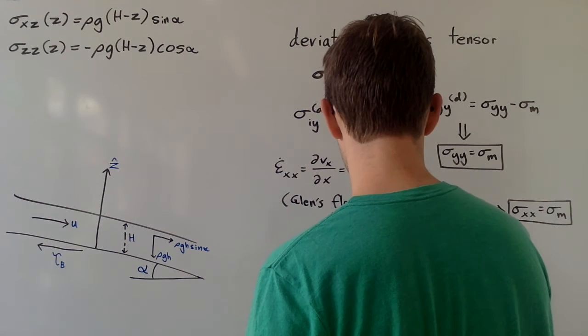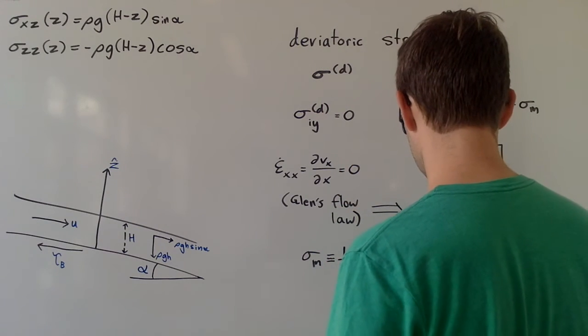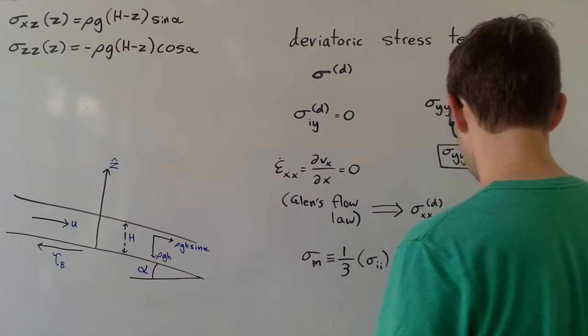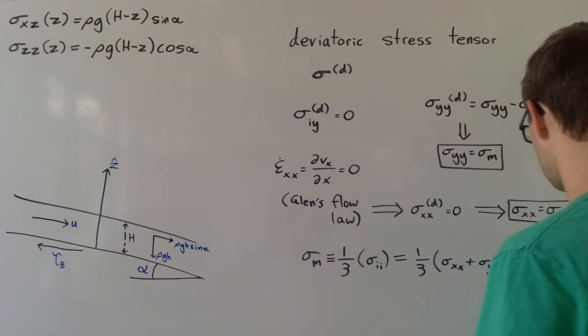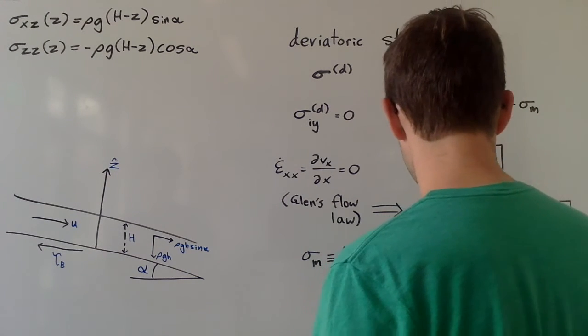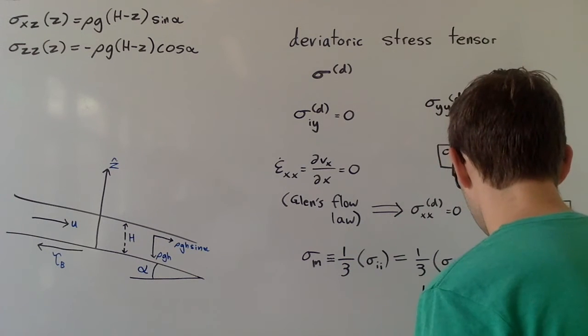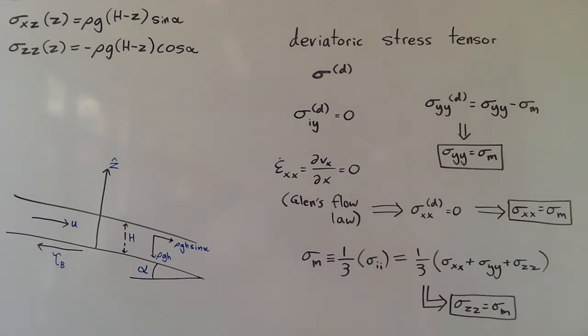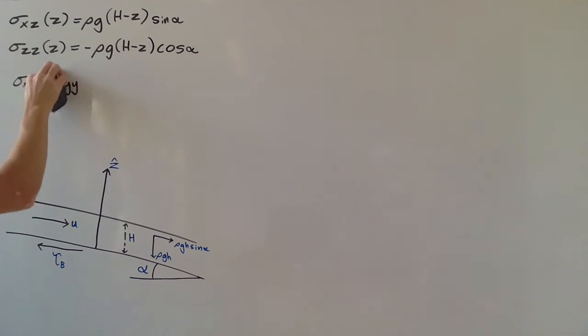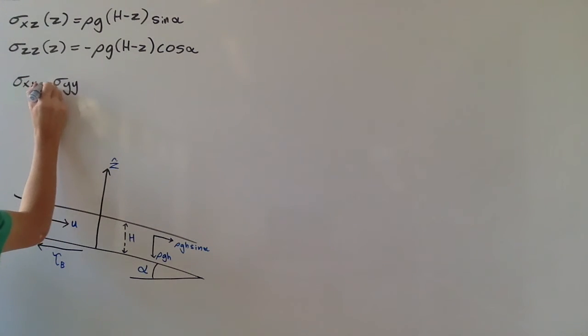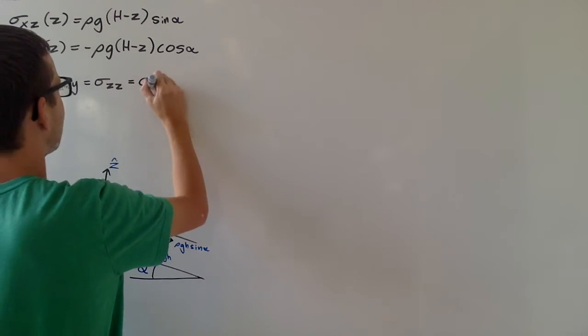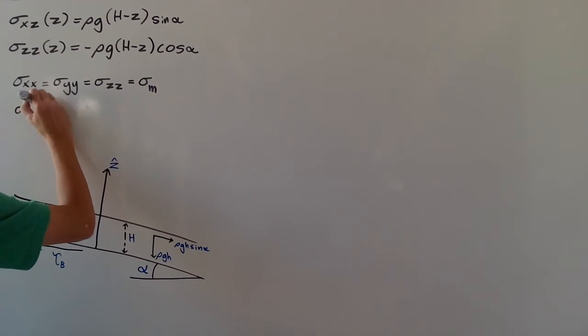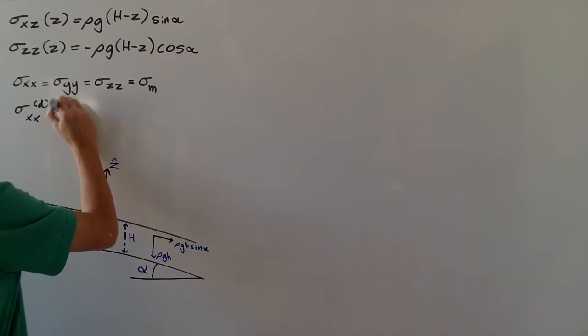From Glen's flow law, and from the fact that epsilon xx dot is equal to 0, we can see that sigma xx is also equal to the mean stress. From the definition of the mean stress, we find that all components of the stress tensor in the diagonal line are equal to the mean stress. Based on the relation between the deviatoric stress tensor and the mean stress, we find that all diagonal components of the deviatoric stress tensor are equal to 0.